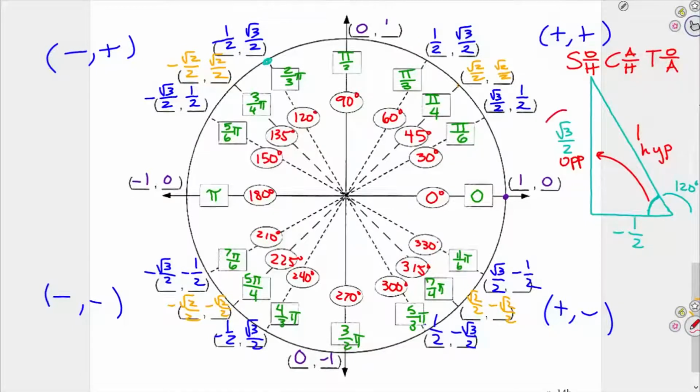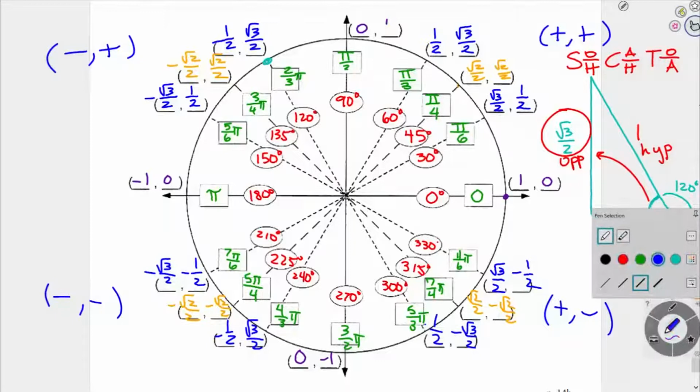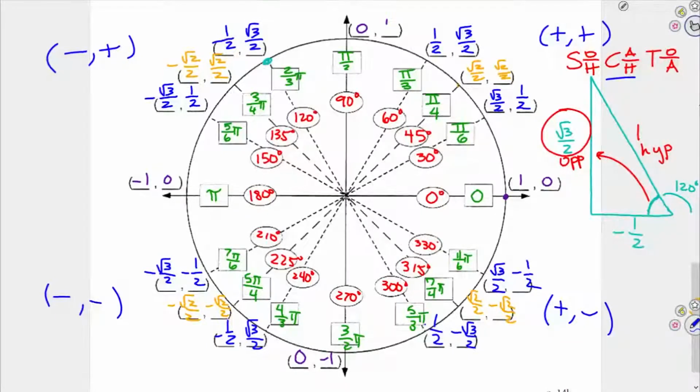So this number right here happens to be the sine of 120 degrees. And what's the cosine of 120 degrees? Well, that's the adjacent, adjacent over hypotenuse, or -1/2 over 1, but dividing by 1 is the same thing. And this is the cosine, which means the coordinates here are actually cosine, sine.